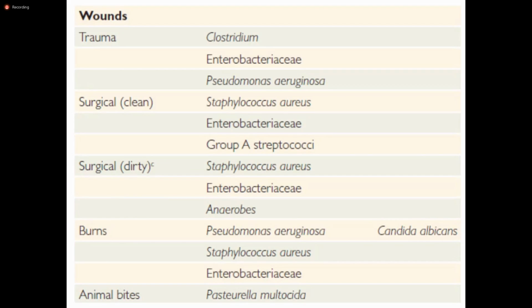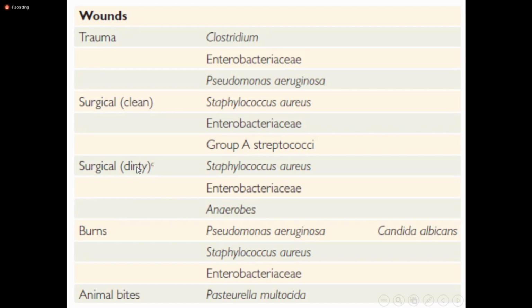Now, similar to what we have done for the skin, now we are going to do for the wounds. What is the main microorganism? In case of a trauma, a Clostridium. Surgical clean wound, Staphylococcus aureus.